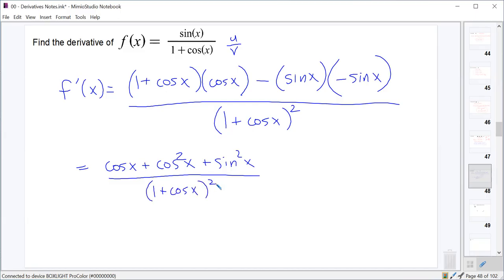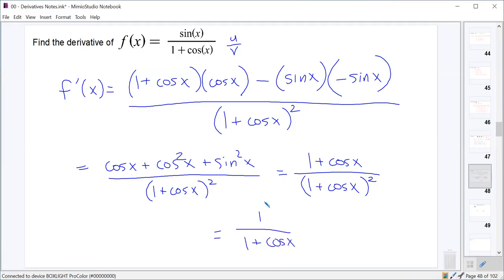And we'll think back to our Pythagorean trig identities. We know sine squared x plus cosine squared x is equal to 1. So we now have 1 plus cosine x divided by 1 plus cosine of x squared, which should just give us 1 over 1 plus cosine of x.